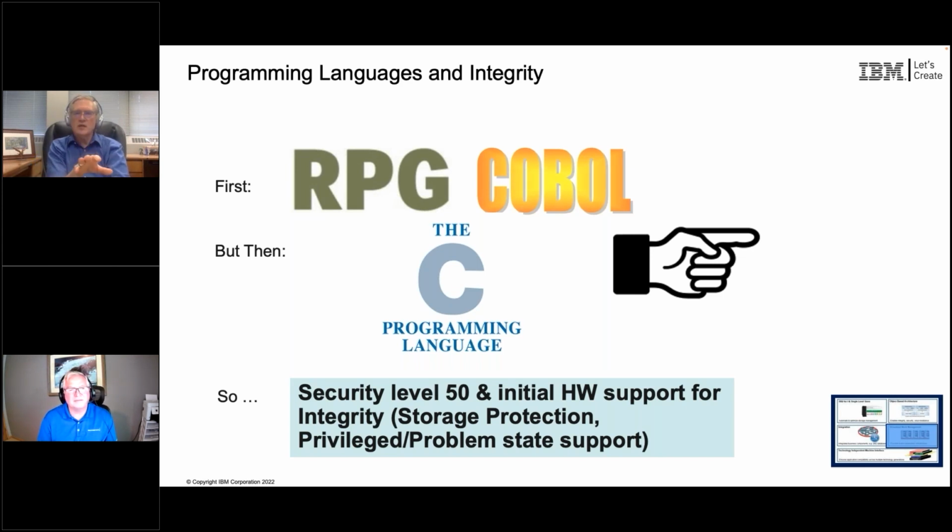And by the way, that storage protection that was invented in the second release of AS400 has been carried forward to the power processor. We continue to use that architecture, and it has been modified over time. I actually don't have time in here to explain how it's been modified over time or how AIX takes advantage of it, but just trust me on this.